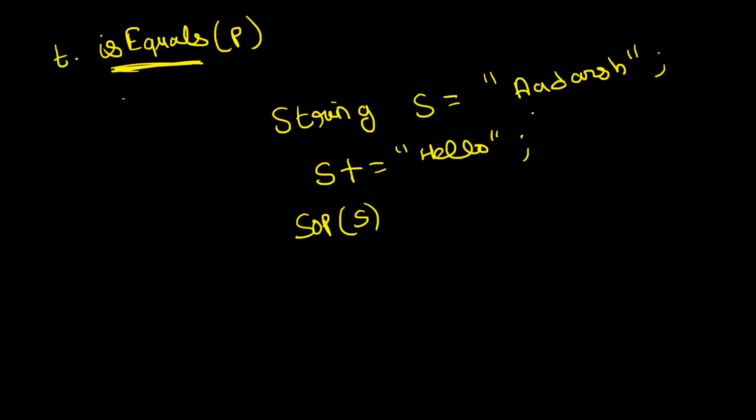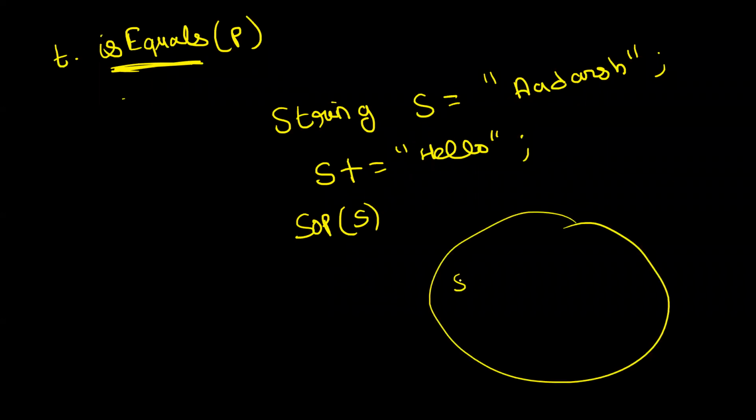So whenever you do a string concatenation, actually, what happens? See, in the string pool, initially S was pointing to Adarsh. Okay. Now, when I say S plus equal to hello, what will happen? I am asking you, can you concatenate hello to Adarsh? Okay. So an entirely new string will be created with the contents Adarsh hello.